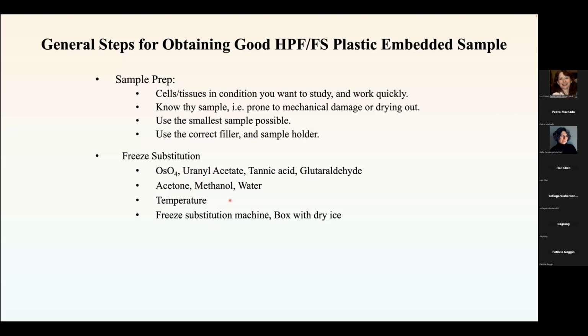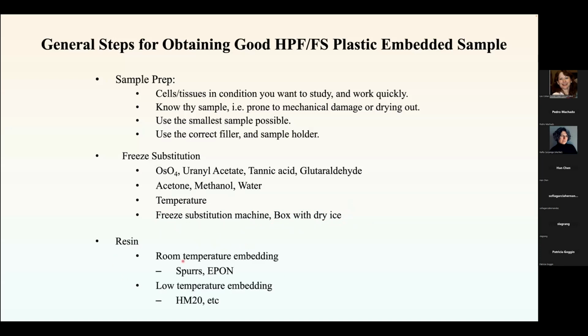Then the temperature: you can freeze sub at -90 or at -80. There are differences; we have seen some tissues respond better with a -90 freeze sub versus a -80, so that's something to play around with. But generally, most things are -80. Then you use a freeze substitution machine or a box of dry ice. They both can work, and I've had success with both, and users have had success with both.